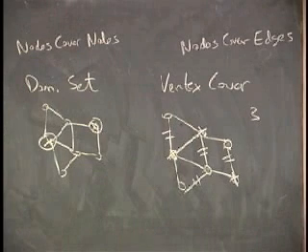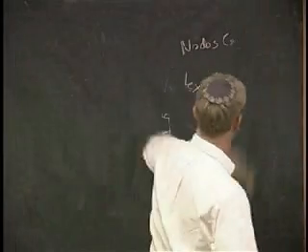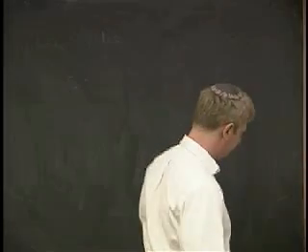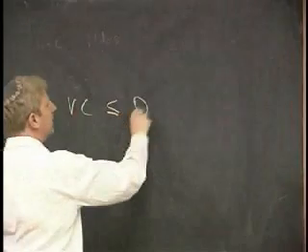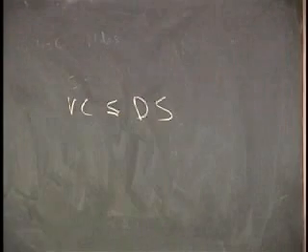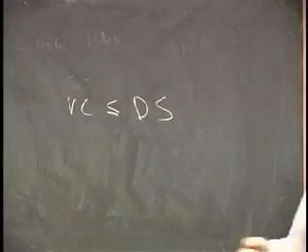So how do we do this reduction? Let's write down what we're going to try to do and run through it. Vertex cover reduces to dominating set. With most reductions, I'm going to show it to you with an example and try to describe to you what the reduction really does in general.